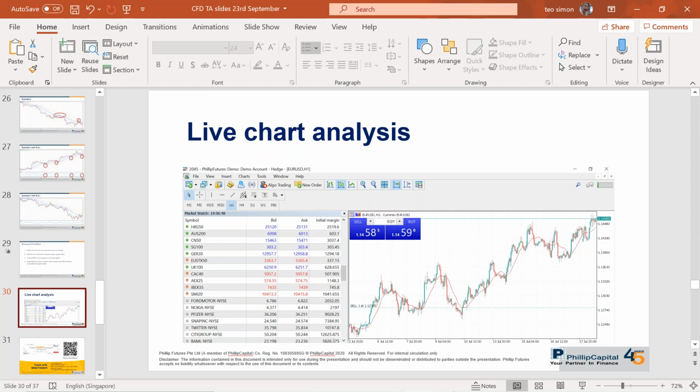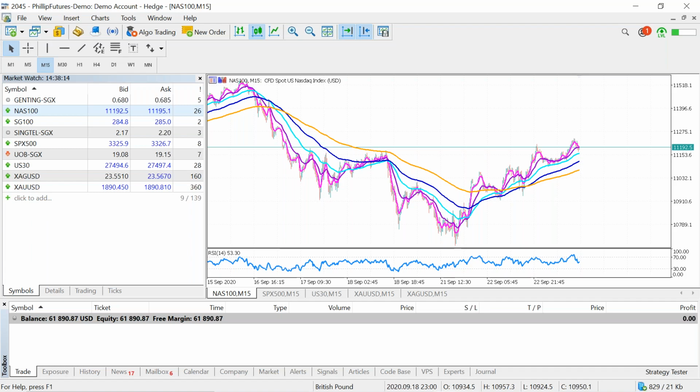I hope you are able to see my MT5 screen.